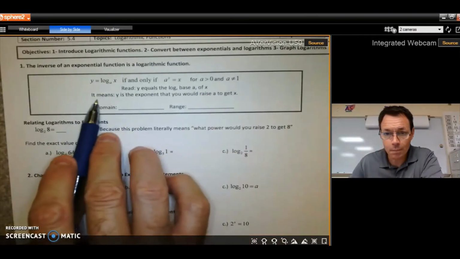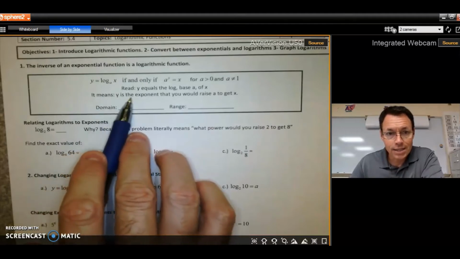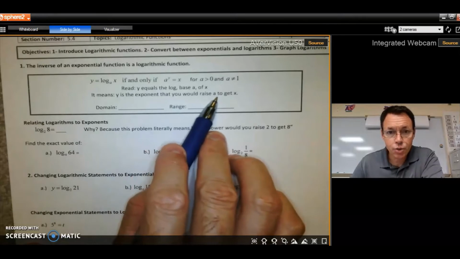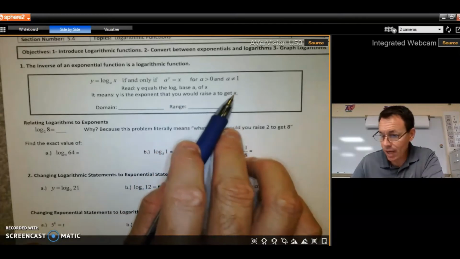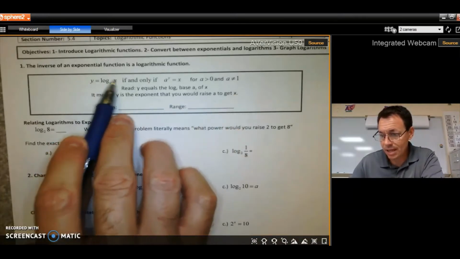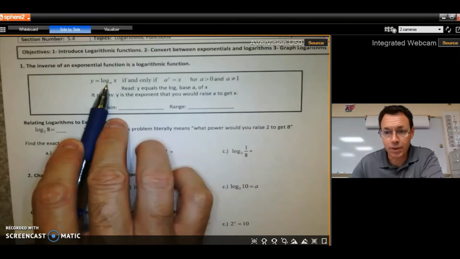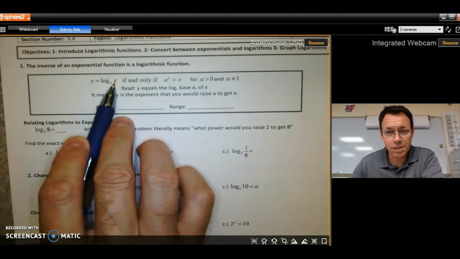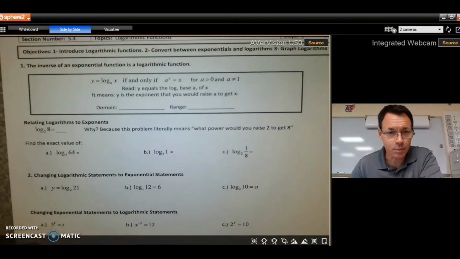But understanding what it means, y is the exponent that you would raise a to, to get an answer of x. So when you see log base a of x, it's literally saying what exponent would you raise this to get this. We're going to do some examples to hopefully make that make a little more sense.